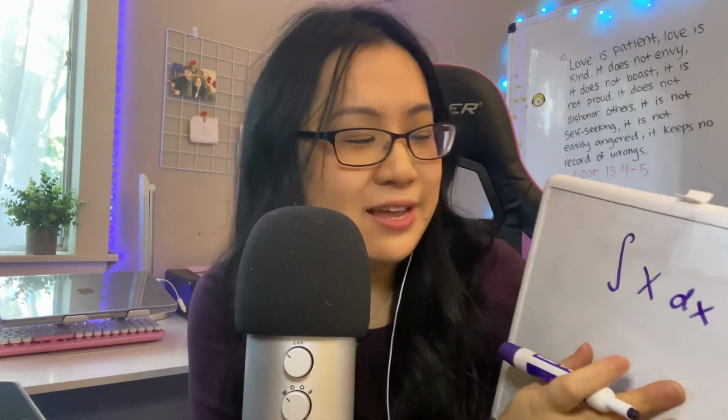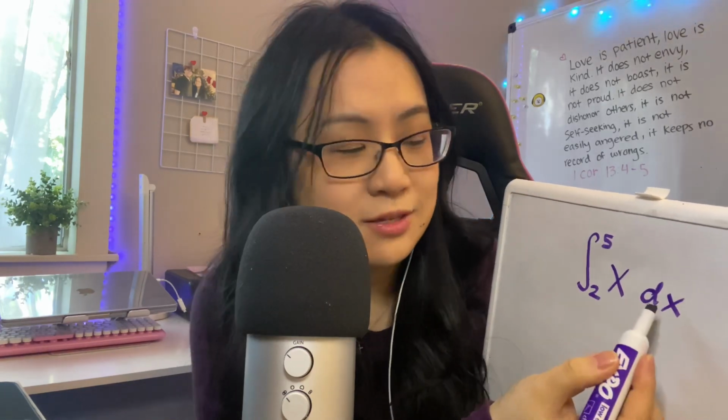That's it. And it's going to be a definite integral, meaning we're going to have a lower and upper bound. They're going to be constants today. So I'm just going to go from 2 to 5. The integral of x with respect to x from 2 to 5.